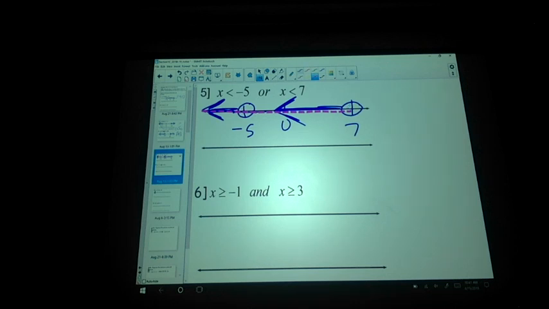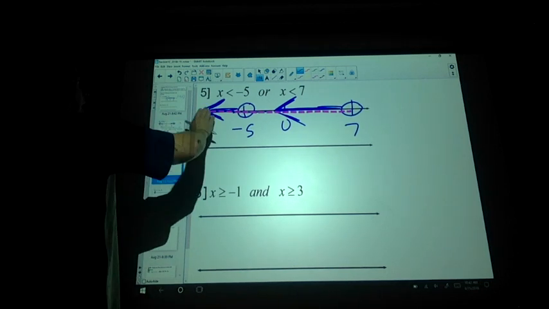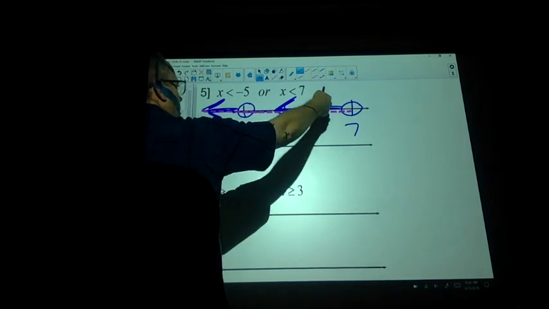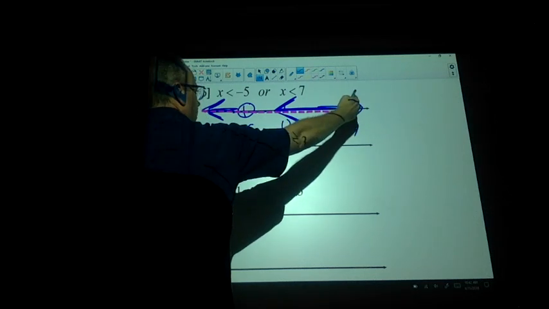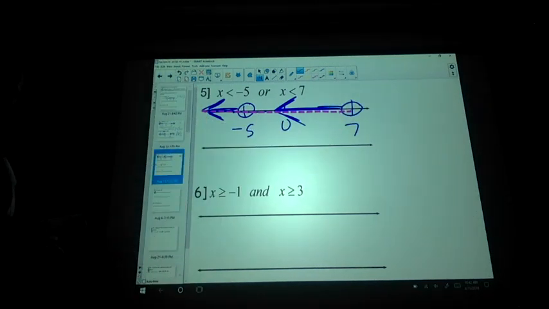To put this in interval notation, remember, in an or statement, one region has to work. So this definitely works over here, but this arrow is going to go right over top of it. So everything from here to here is going to work. So from negative infinity all the way to 7, and 7's a rounded bracket because we don't equal it.